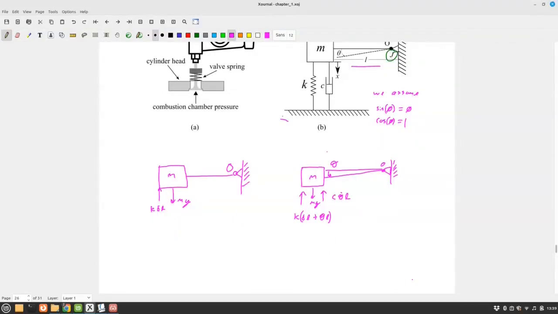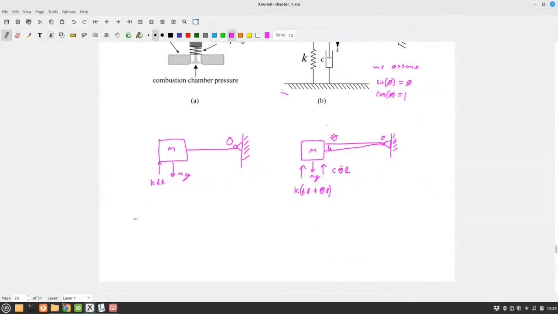And then I can write my equation for the equilibrium state. It's going to be positive to the left, sum of moments about O is equal to mgL minus KL squared delta is equal to 0. I'm going to move it to the left just to have a bit more space.